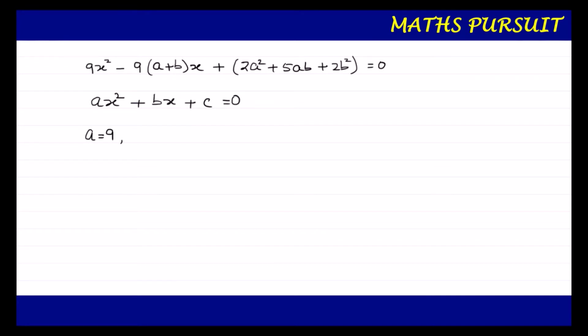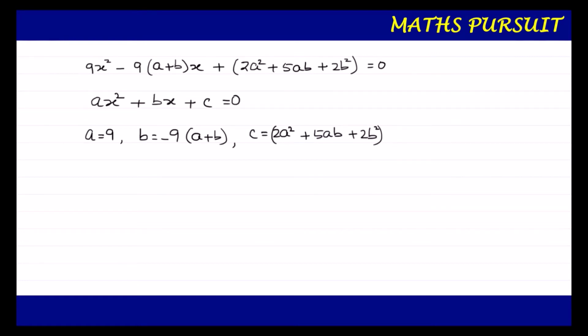Similarly, if you look at bx, our b is equal to minus 9 into (a+b). And the value of c is equal to 2a^2 plus 5ab plus 2b^2. So the value of c is a constant, and this whole expression is the value of c.